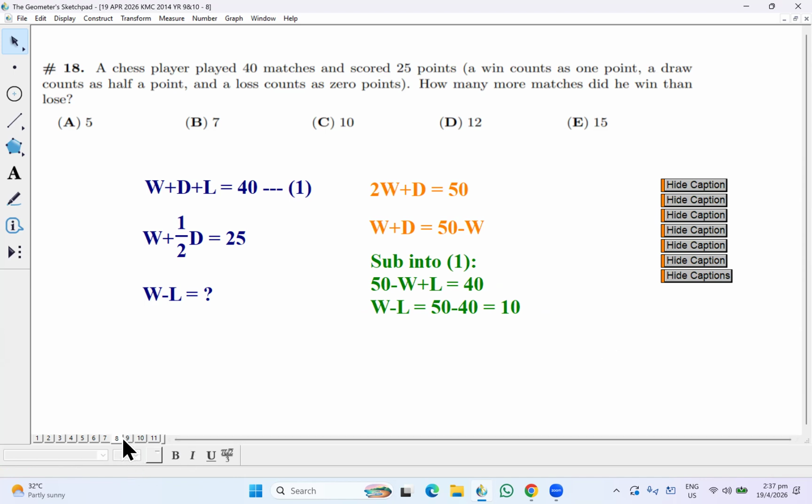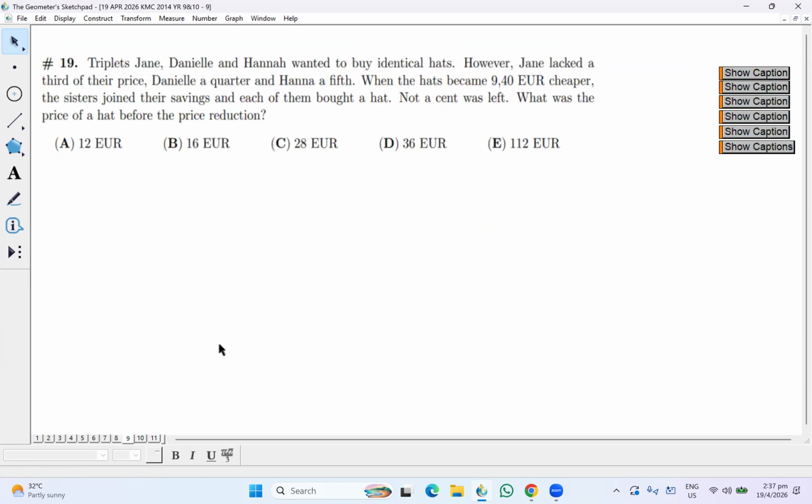Number 9. Triplets, all the same age. Jane, Daniel, and Hannah want to buy identical hats. However, Jane lacked a third of their price, Daniel a quarter, and Hannah a fifth.